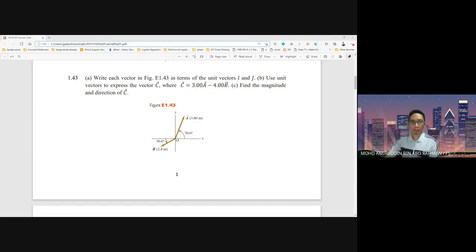The final answer for A is 1.23i plus 3.38j. You all got that? 1.23i plus 3.38j. And then for the vector B, it is minus 2.08i minus 1.2j. Everyone got that?